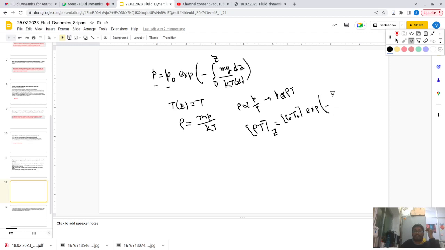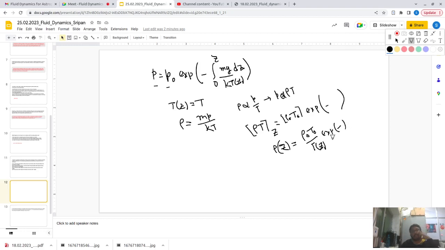So if we write it in this form, you have rho at z as rho naught T naught by T at that particular height, and you have this exponential.